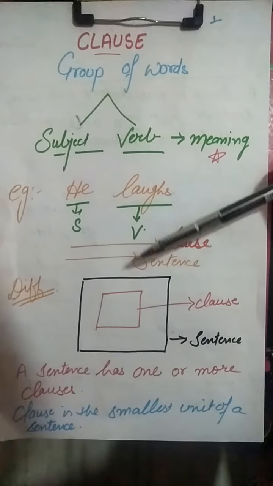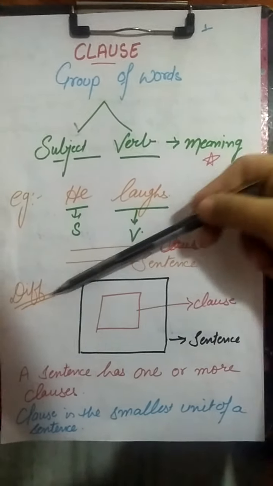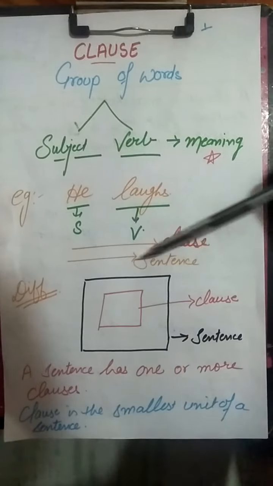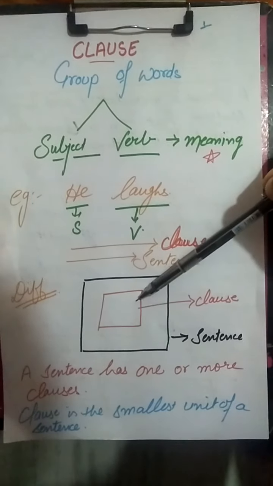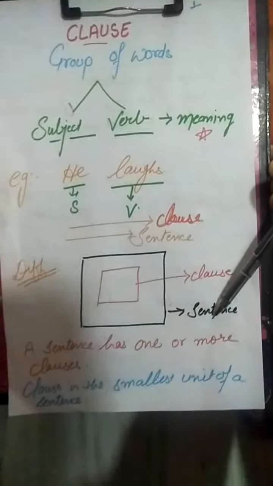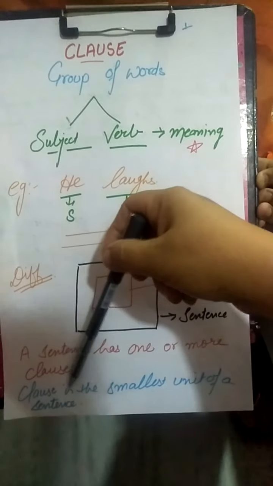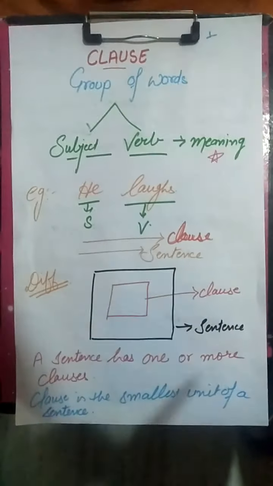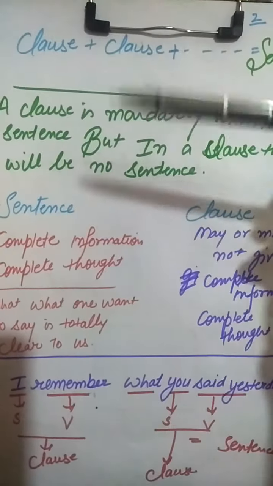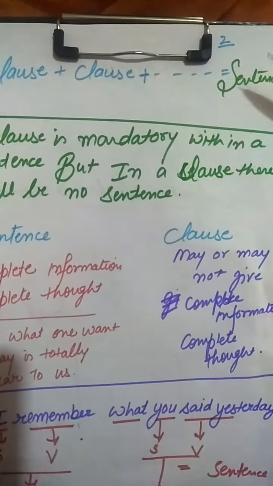There is a confusion here that it is a sentence too. So let me clear this with the difference: a sentence contains clauses, and a clause cannot contain a sentence. A sentence has one or more clauses. A clause is the smallest unit of a sentence. Yes, exactly. When we join a few clauses, then it becomes a sentence.